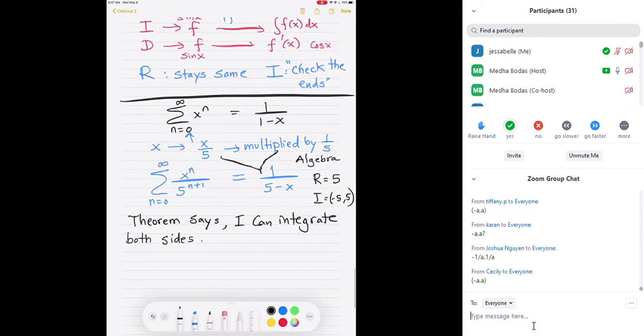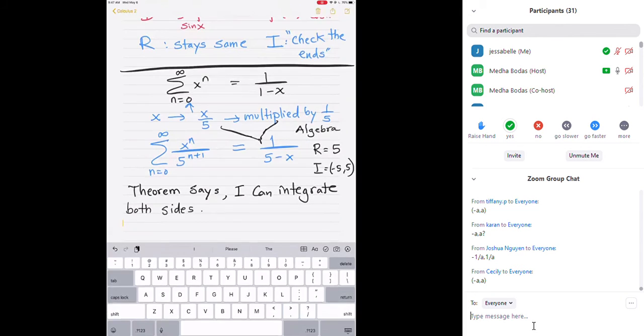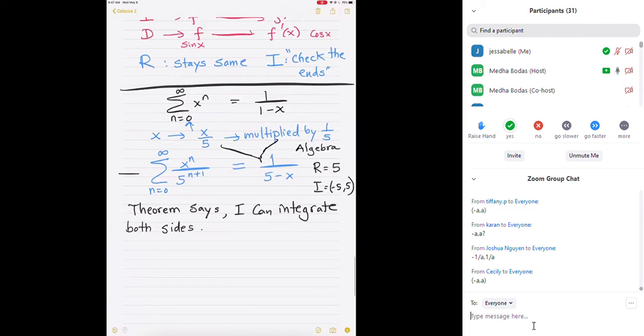So let me start writing. What does this side look like? This is x to the 0 over 5, x to the 1 over 5 squared, x squared over 5 cubed, x cubed over 5 to the 4th, equals 1 over 5 minus x.